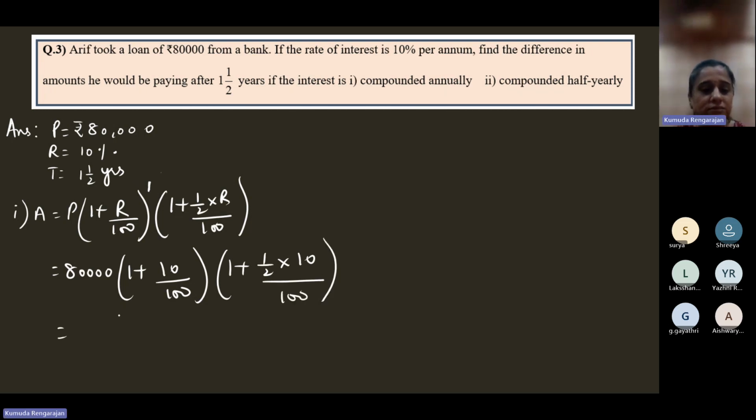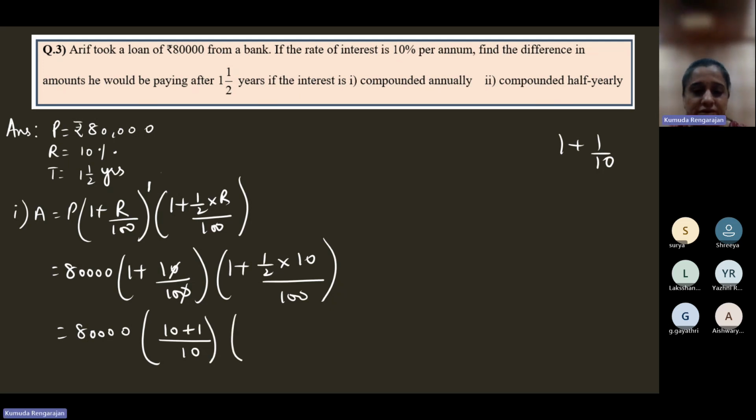You can cancel this 0 and 0. 80,000 into 1 plus 1 by 10. Take the LCM, so 10 is the common denominator, so it will be 10 plus 1. In the second bracket, 2 ones are 2, 5 twos are 10, and again 5 ones are 5, 20 times.